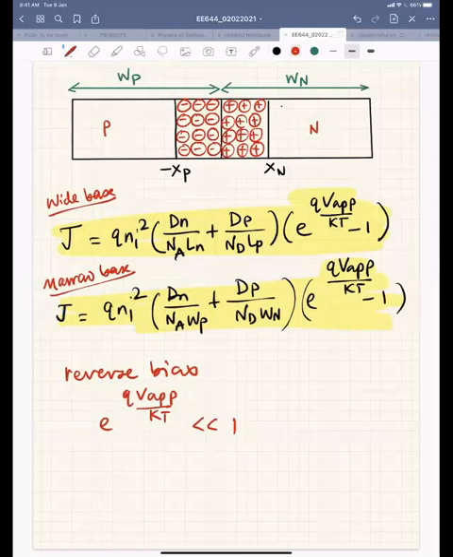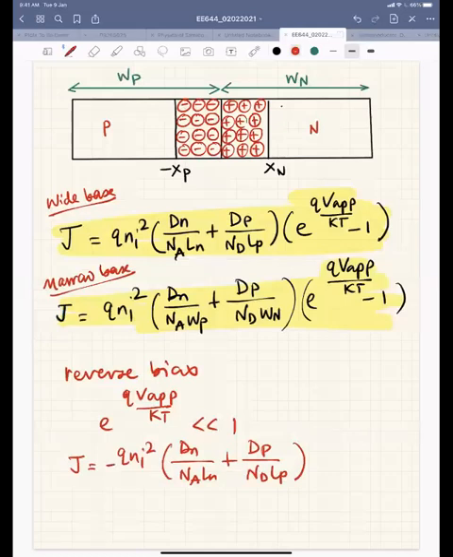So if you think about the wide base case, your current will be q n_i squared (Dn/(NA Ln) + Dp/(ND Lp)), and basically e to the power qVr/kT we will neglect, so this current will be negative. For a wide base case, I could also write it like that: q n_i squared, Dn/(NA Ln) plus Dp/(ND Lp).